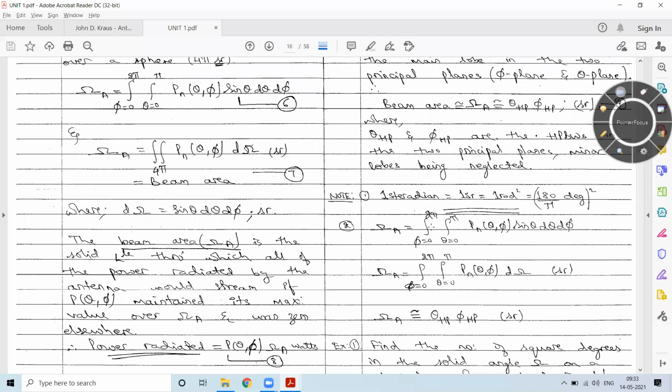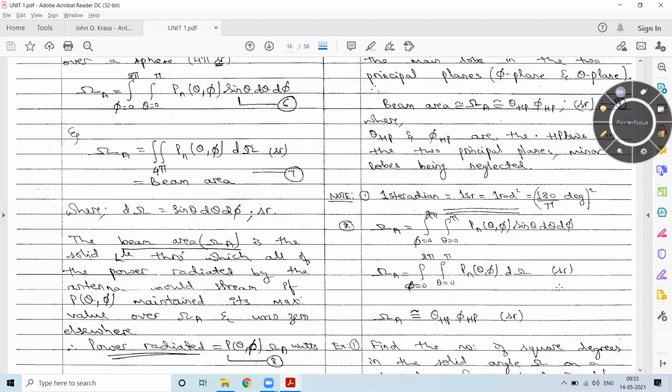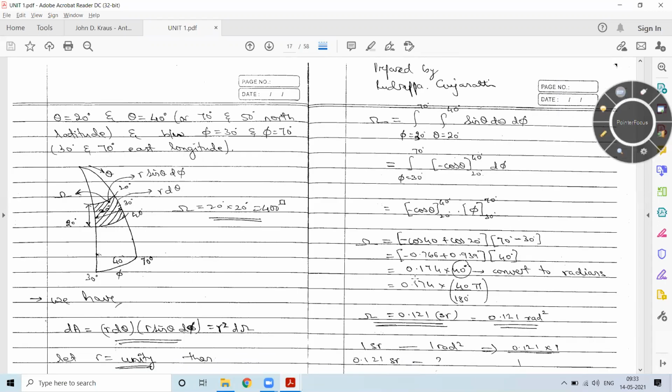You can also obtain it from the approximate equation, wherein you identify the half power beam widths of the given pattern and multiply them to obtain the beam area. So we'll try to see what's the difference between these two.